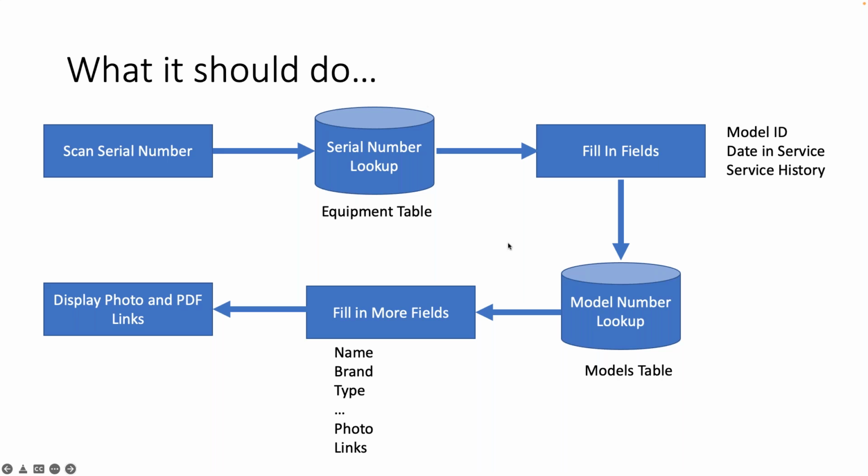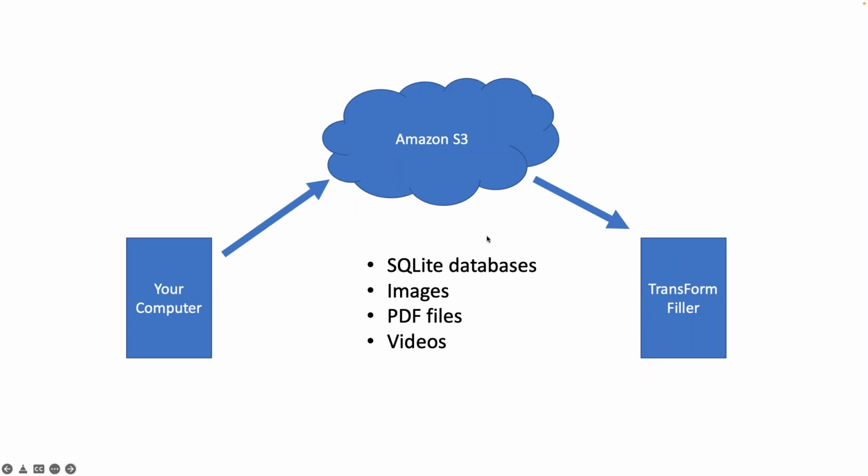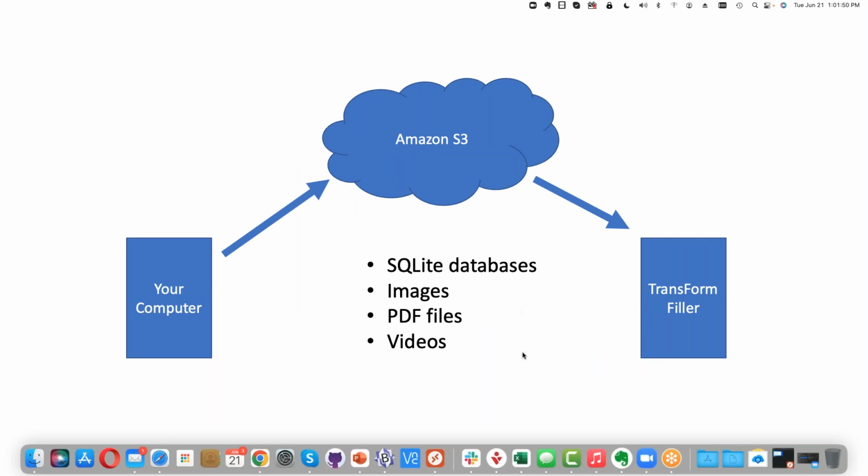So on top of these SQLite databases and these pictures and these documents, we want to package them all up together and get them onto the mobile device so that they can be accessed offline and in the field. While it is possible to move the images and all of this stuff directly from your computer to the Transform Filler, that's usually not a very practical suggestion.